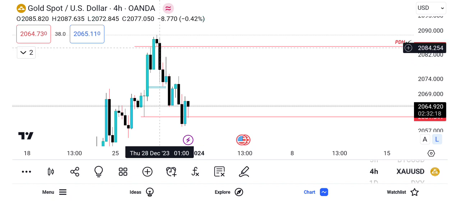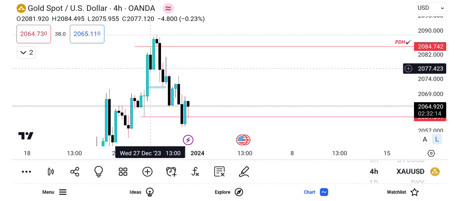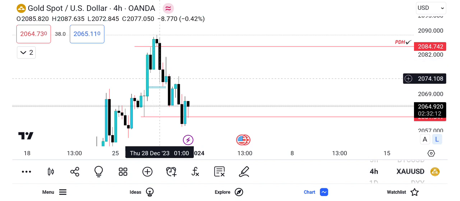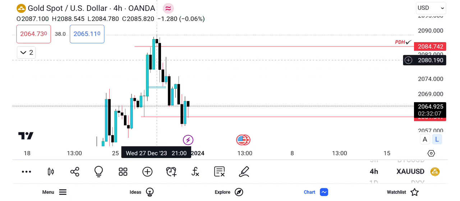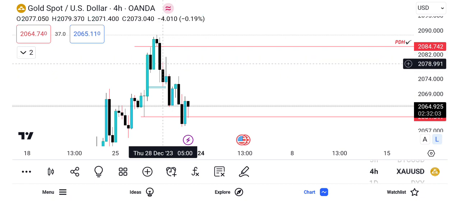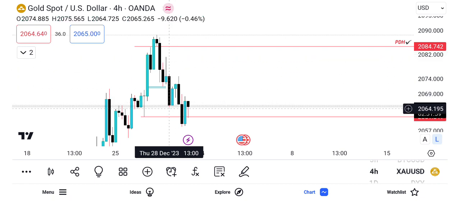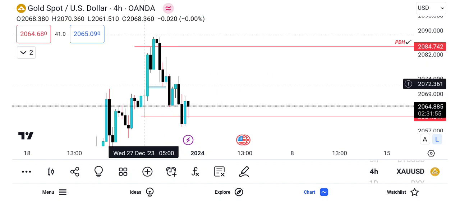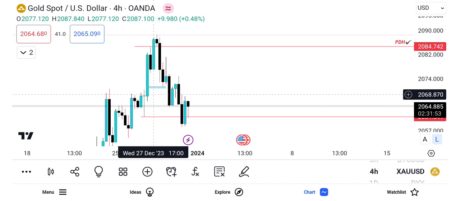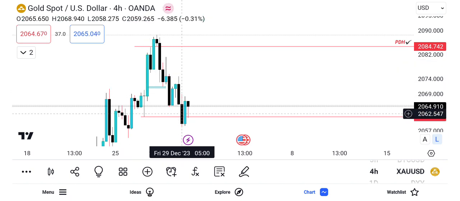We had this fair value gap that was tapped into, and closure below these order blocks with this candle. It rallied higher, tapped into the order block as well as the fair value gap, then had this sharp drop lower, and from this candle we can see it closed below this fair value gap, meaning this fair value gap turns into an inversion fair value gap to support price lower.